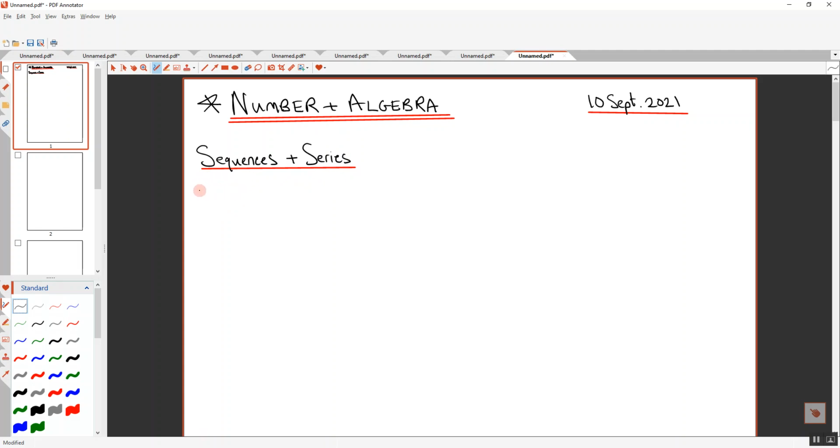For our sequences and series, the first thing that we're going to say is a sequence, and I apologize if this is really obvious, is a list of numbers that follows a pattern.